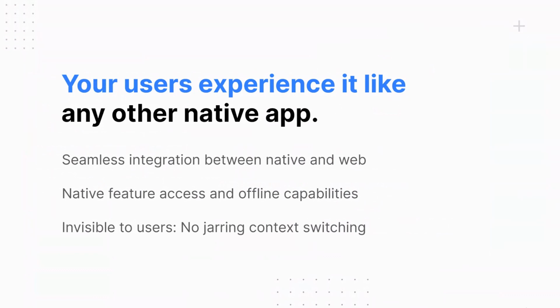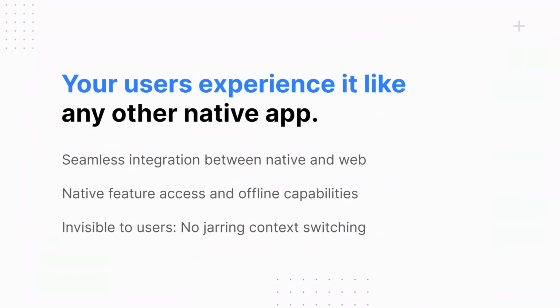And what I love about this, and ultimately what you're probably thinking about, is your end users, right? Is their experience going to be good enough to make it look and feel like a native app? And I'm really happy to say that you can absolutely build this with Portals and our technology. You end up with a seamless integration between native and web so that your users really can't tell.